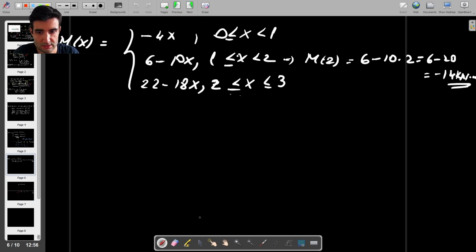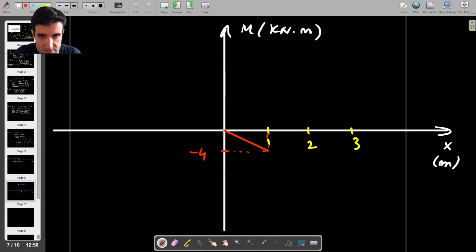So -14 is this, which is going to be somewhere. So this is -4, this is -8, 12. I think 14 is somewhere here, pretty much. And that's going to make the graph look steeper, which is what it should be. Let's try to draw it from here to here.